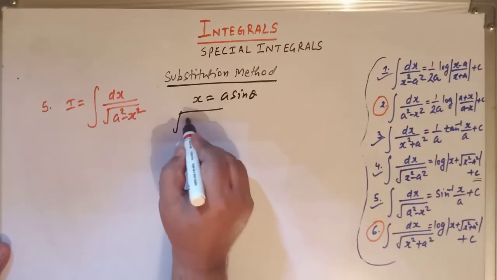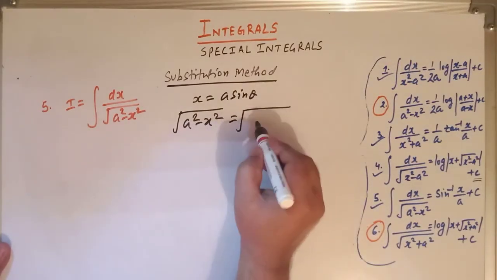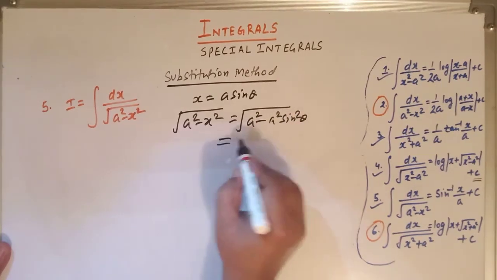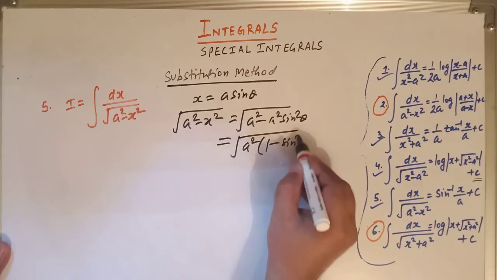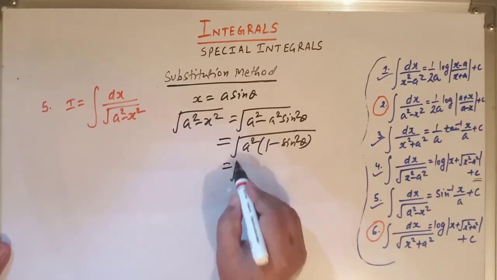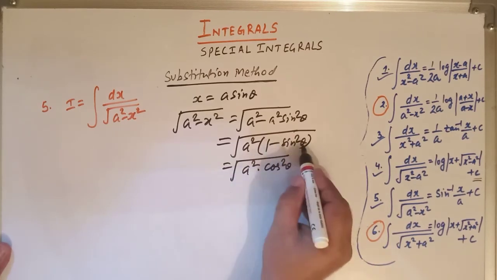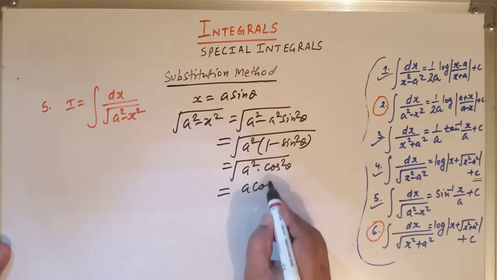Then square root of a square minus x square is square root of a square minus a square sine square theta. Taking a square common, this is 1 minus sine square theta, so we have a square times cos square theta, because 1 minus sine square theta is cos square theta. So we have a cos theta.